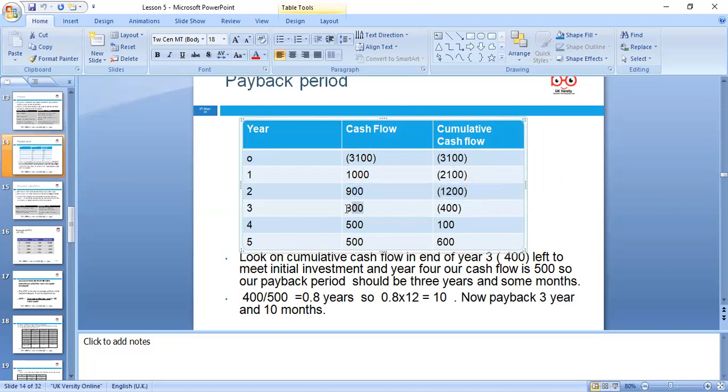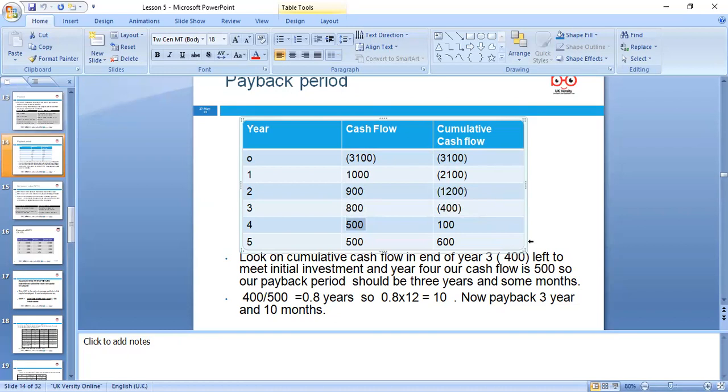In year 3, you get 800, and 1,200 minus 800 is 400 left. So this project will take 3 years and some months, because in year 4 you get 500, which is more than 400.